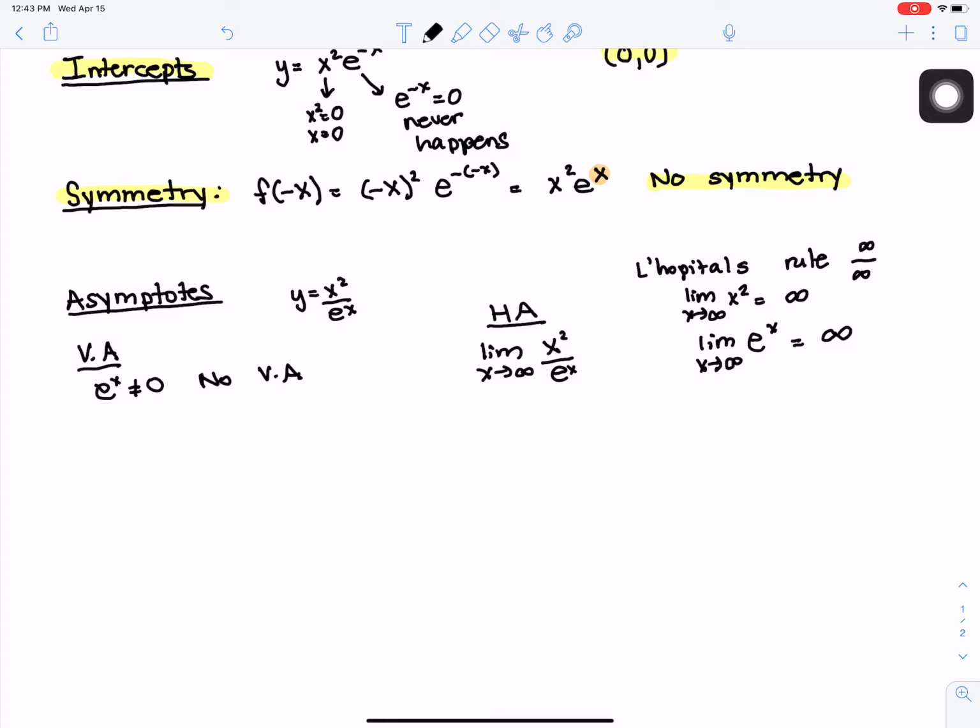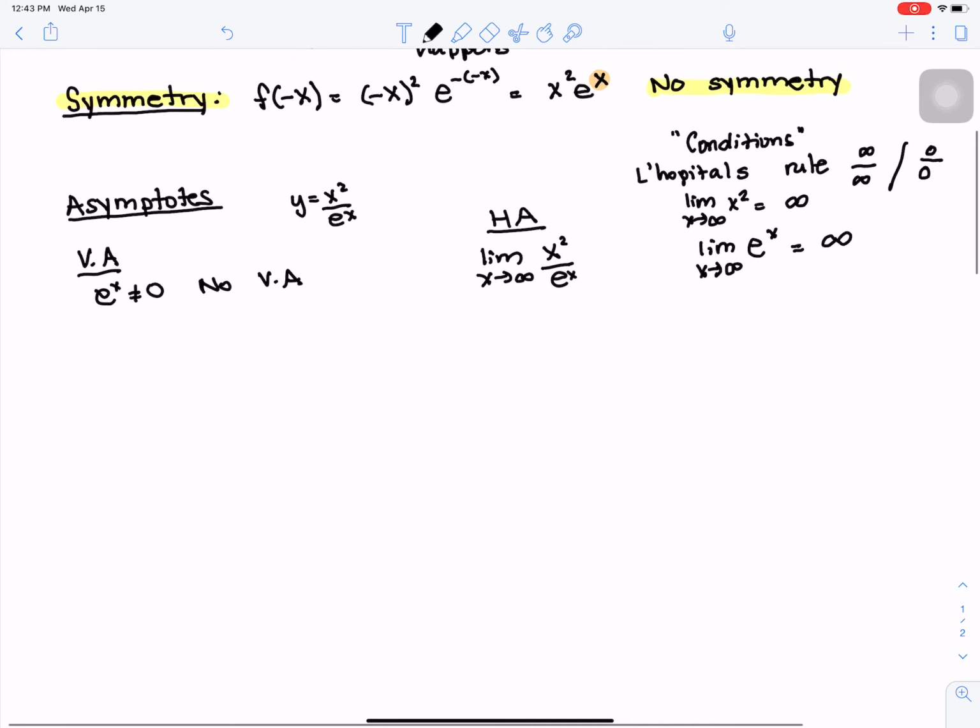What L'Hopital's rule says is if you have infinity over infinity or 0 over 0, and some other conditions, which we'll talk about when we actually do this lesson, like continuity and differentiability, then you take the derivative of the top by itself. So the derivative of x squared is 2x. The derivative of the bottom is e to the x.